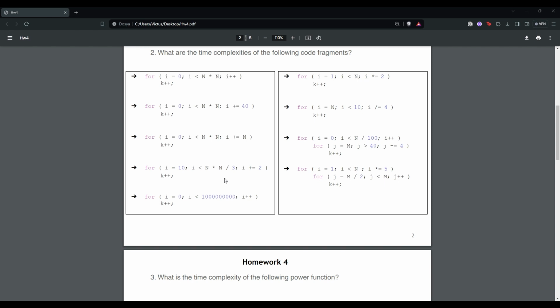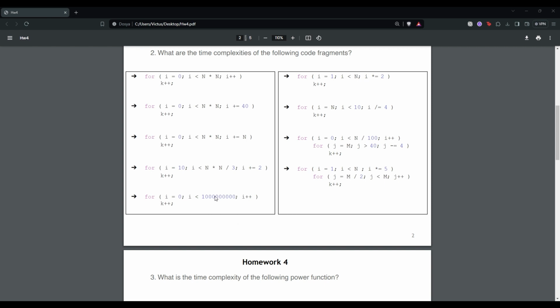The fourth one: this loop iterates approximately n to the power of 2 divided by 6 times, considering n times n divided by 3 to be the range here, as you see. Therefore, the time complexity is O(n^2).